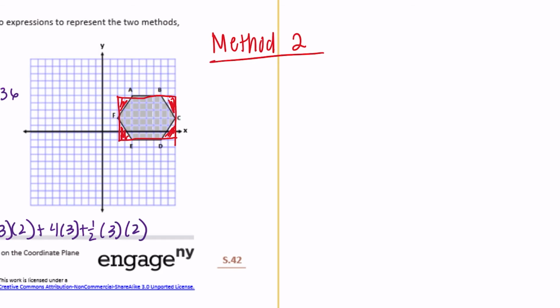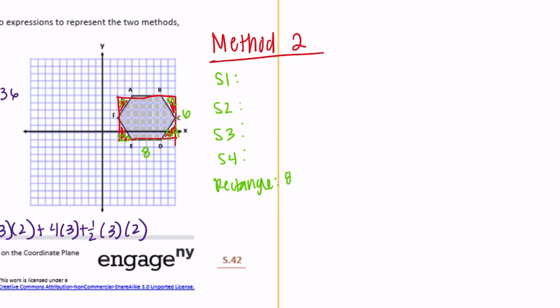So method 2, let's call this shape 1, shape 2, shape 3, and shape 4, and the rectangle. So the rectangle, let's start with that. It is 8 by 6.